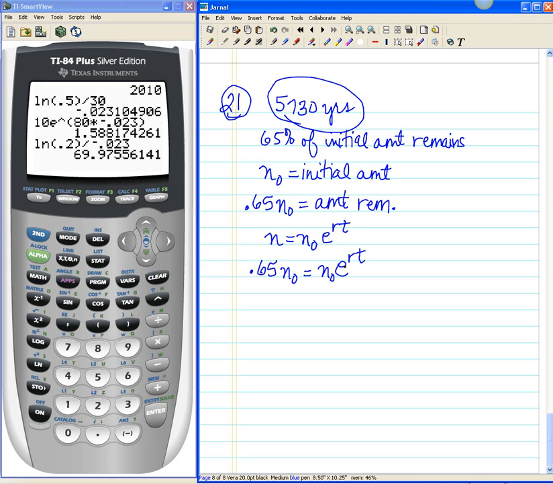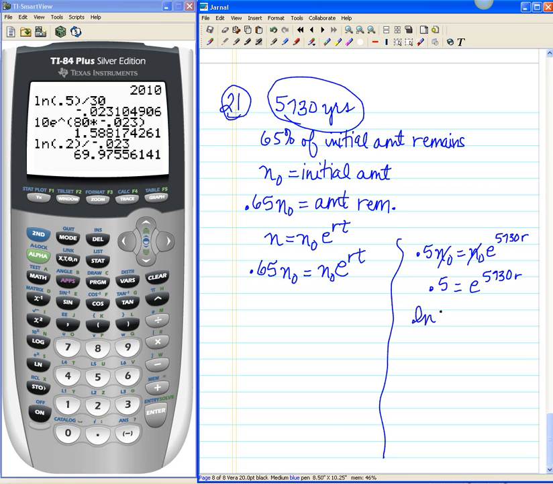The way we're going to find r is use our half-life. And you could use a formula again in the book, but I'm just going to say to work it out. So we know that if we have half of our remaining amount in 5,730 years. So if we divide both sides by N sub 0, we would just get 0.5 is equal to e to the 5,730 r.